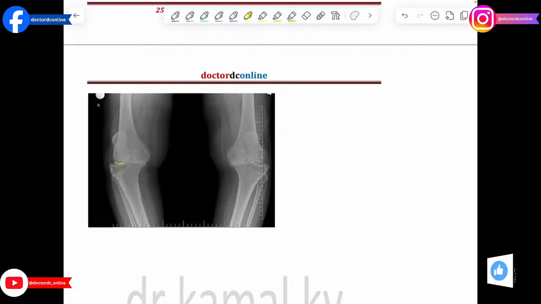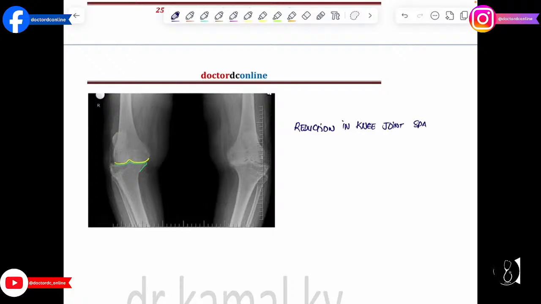what we can see here, this is say the lower end of femur, and this is the upper end of tibia. So what we can see, there is reduction in the knee joint space, that is very obvious.